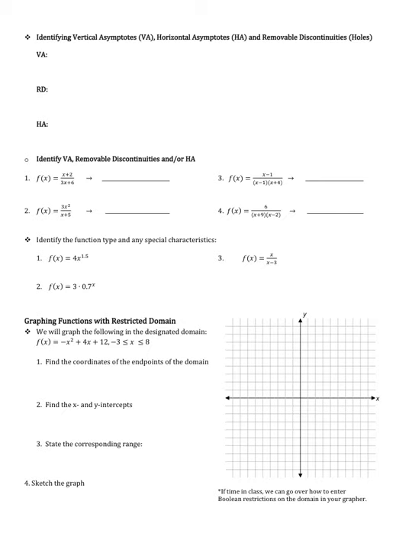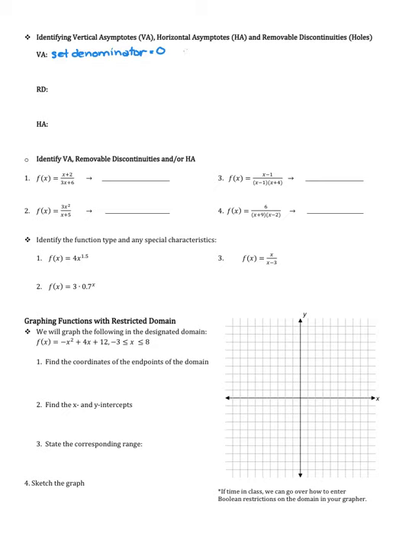So when we are doing a vertical asymptote, the way you find it is you set the denominator equal to 0, because you can never divide by 0, and that then leaves that vertical asymptote in your graph.